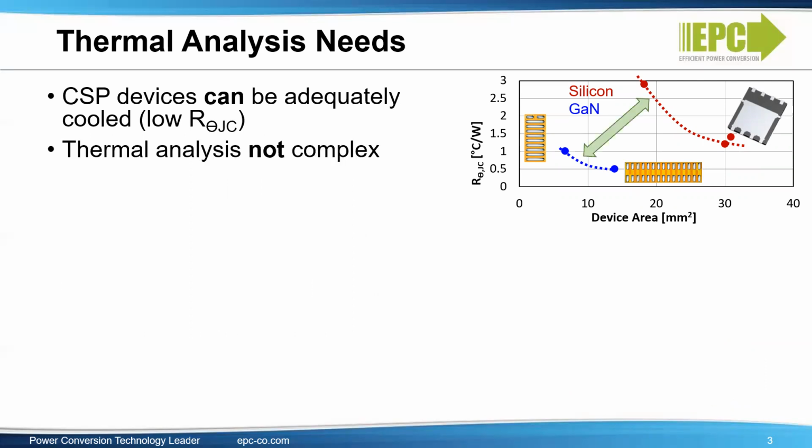EPC devices, either chip-scale packaged discrete devices or QFN packaged power ICs, have an exposed die, which gives them a lower thermal resistance from junction to case when compared to other packaged MOSFETs and other packaged devices. This allows them to benefit from a simple cooling solution and minimizes the thermal resistance in the path of backside cooling.